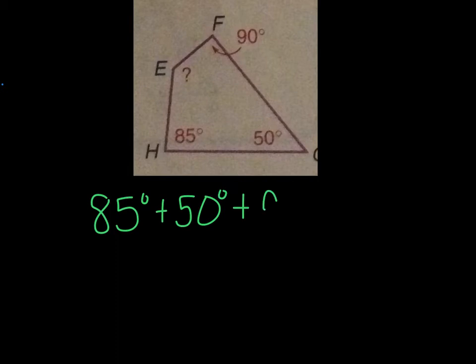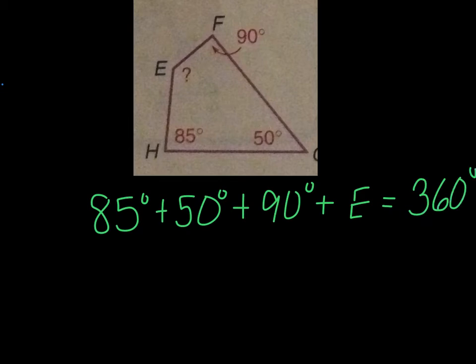Here we're given a quadrilateral and we're given three of the angles: 85, 50, and 90. We want to know the measurement of this angle right here. We can solve that using an equation as well. We add up all of the angles we know, 85 degrees plus 50 degrees plus 90 degrees plus E, because that's the one we don't know, equals 360 degrees.